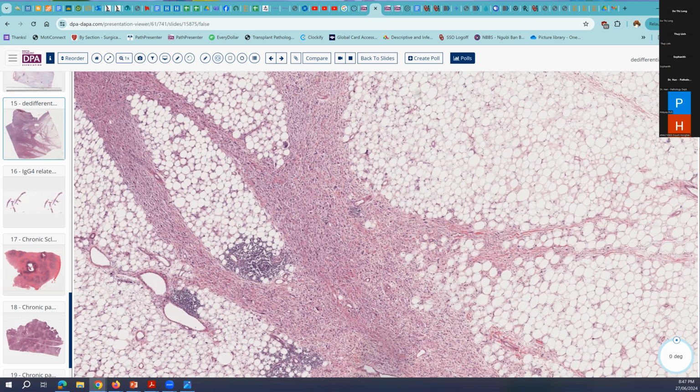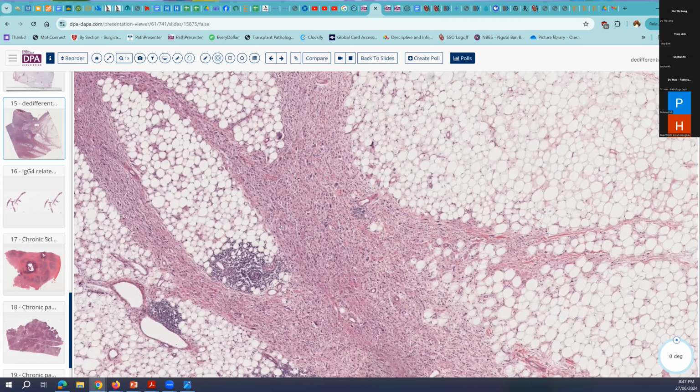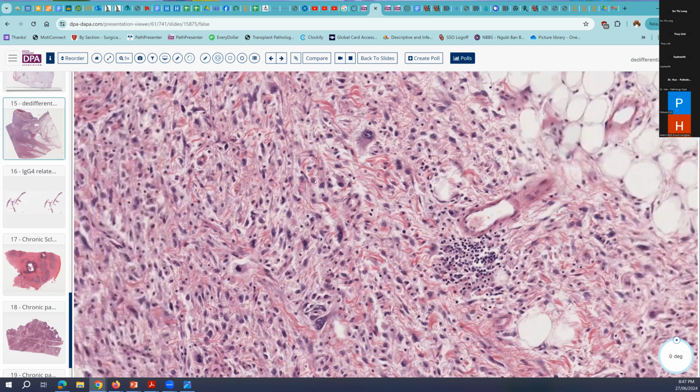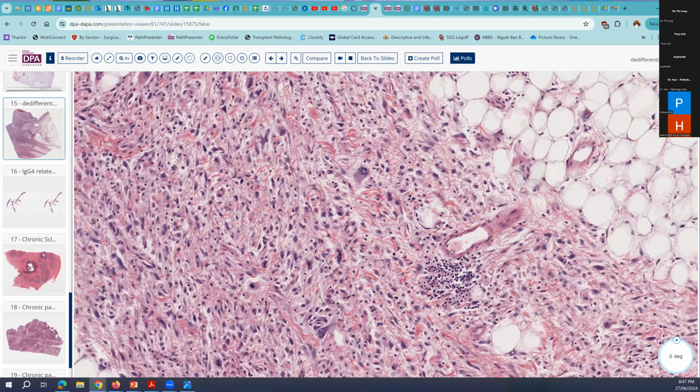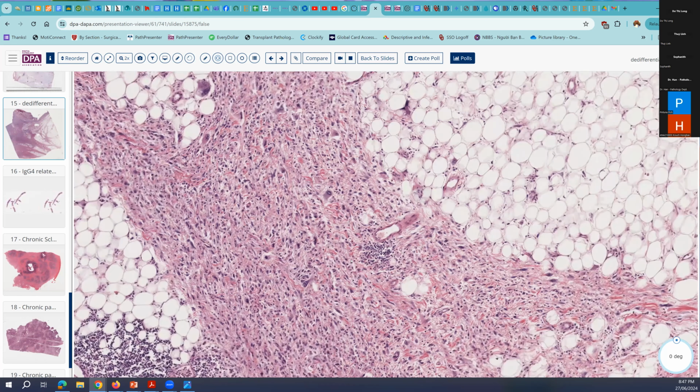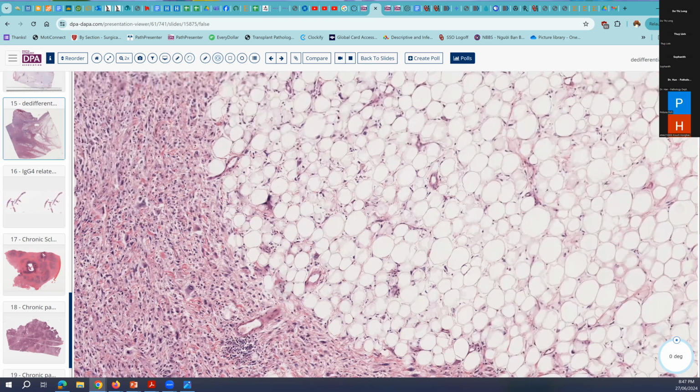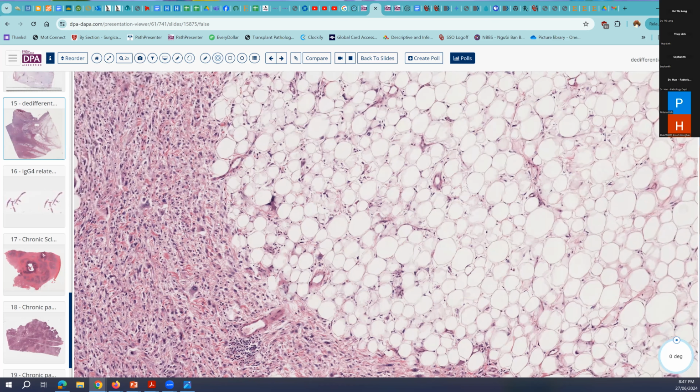So if you get a very lymphoid appearing soft tissue mass, but you have some slight atypia, as you can see here in these fibrous septi, you've got some atypical cells like this. Do think about the possibility of well-differentiated liposarcoma.